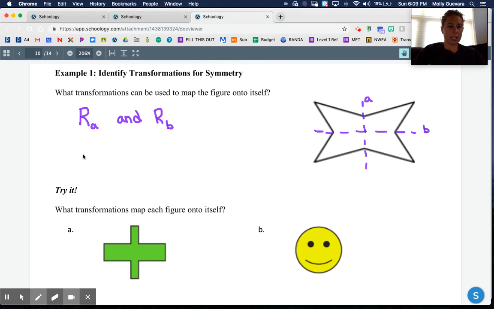So I can say that I can rotate 180 degrees around the origin. Let's call this point right here the origin. If I rotate 180 degrees around the origin, then it will also line back up on itself. So that's what I'm interested in. How can I get it to line back up on itself?